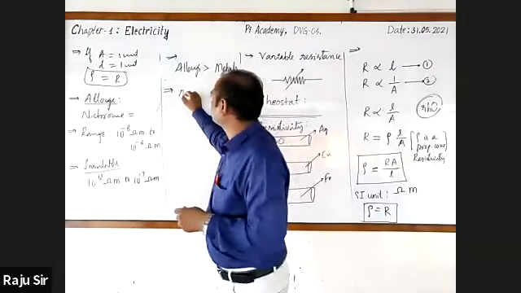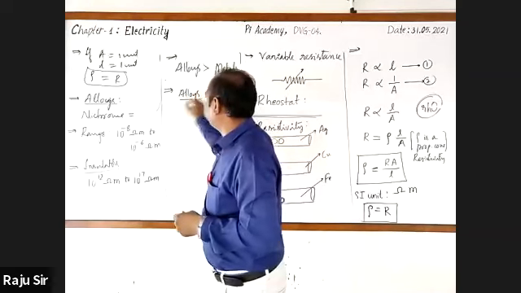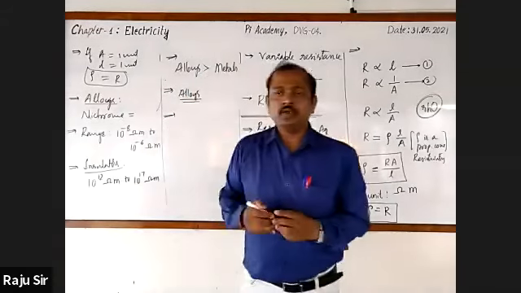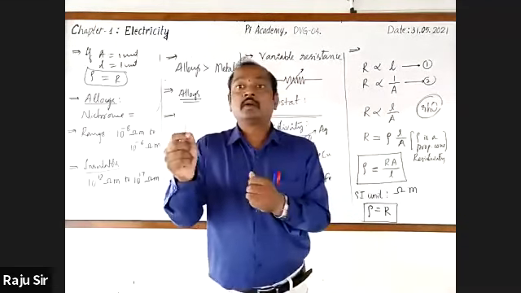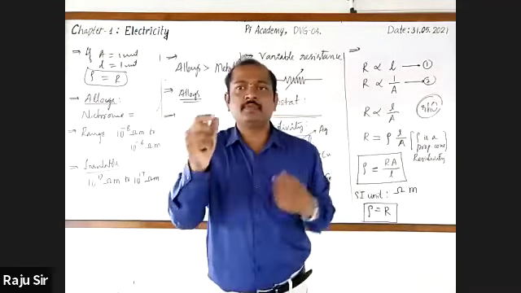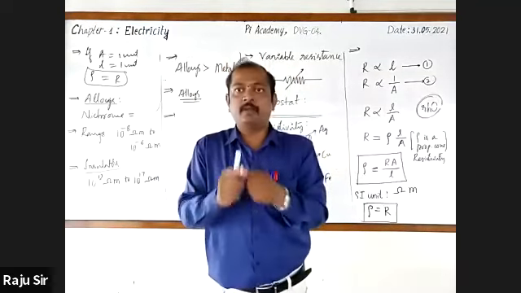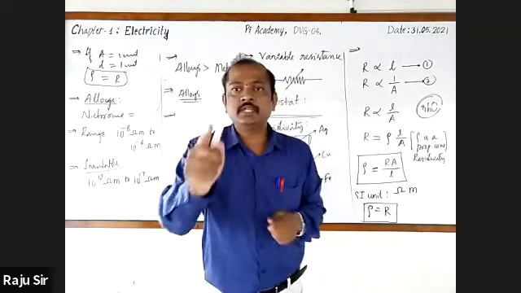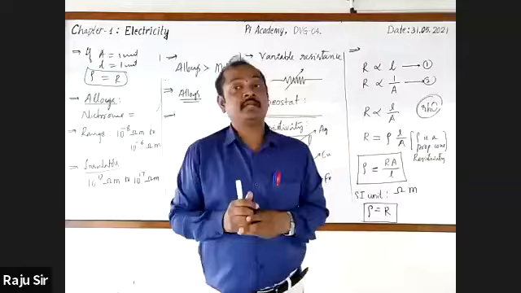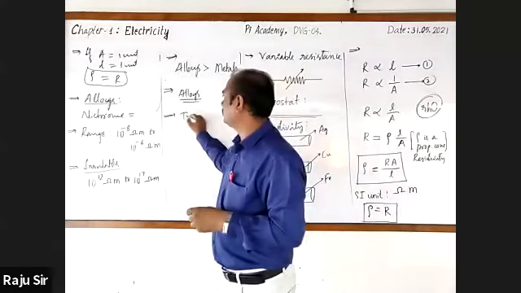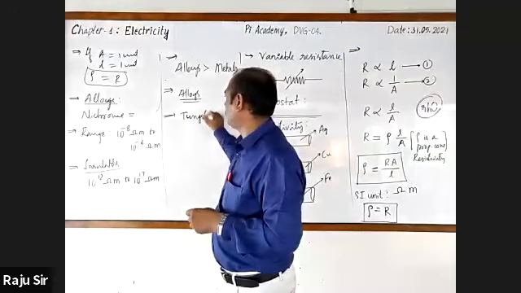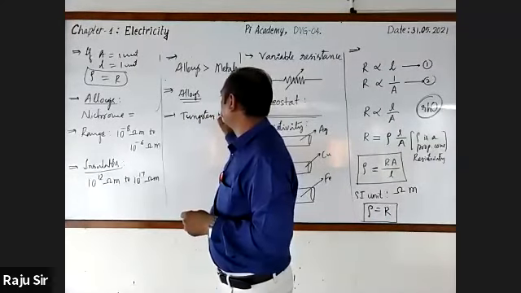Next, another one. You also know that one of the conductors which is used as a filament in electric bulb is Tungsten. Do you know the reason for using tungsten in the bulb? There are two reasons.